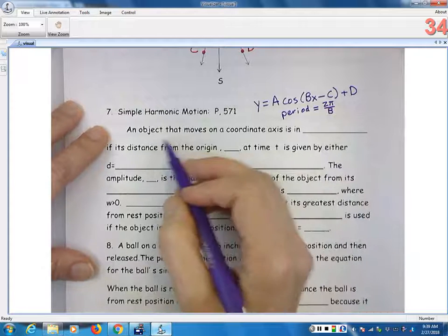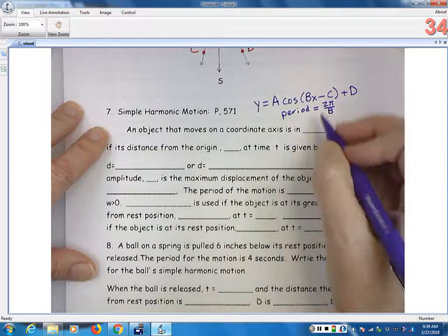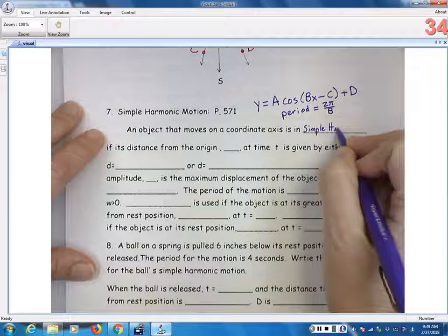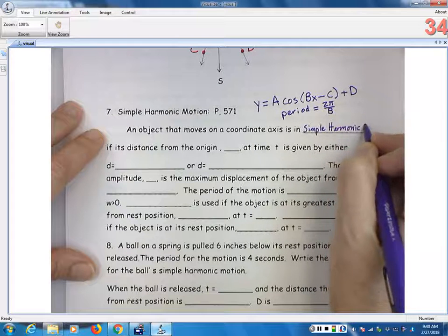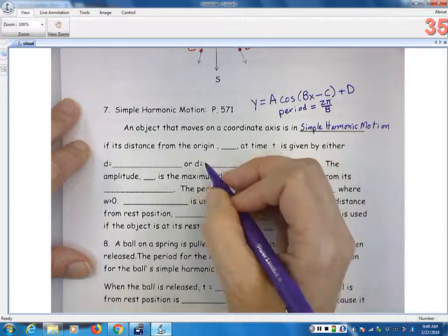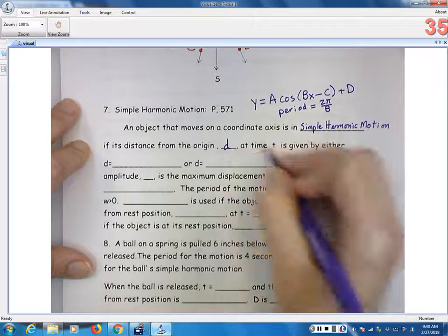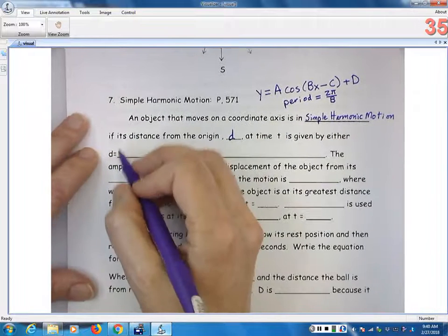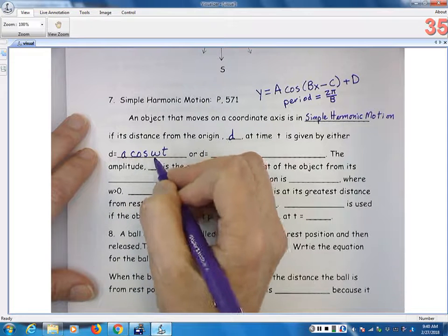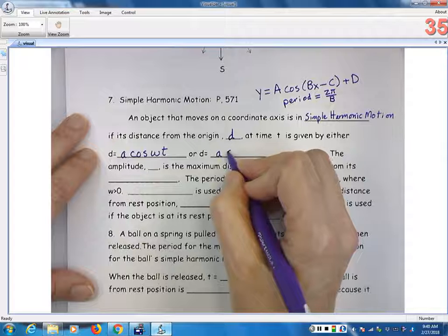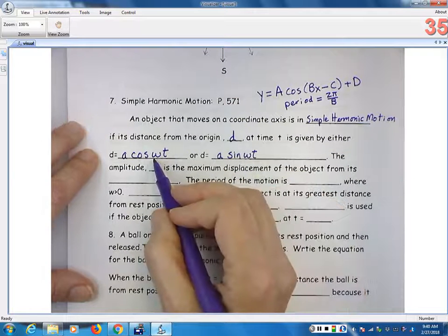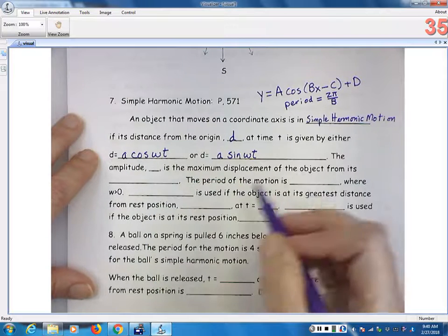An object that moves on a coordinate axis is in simple harmonic motion, like this could be a spring, if its distance from the origin, D, at time t is given by either D equals A cosine omega t, or D equals A sine omega t. We're using a small omega here.